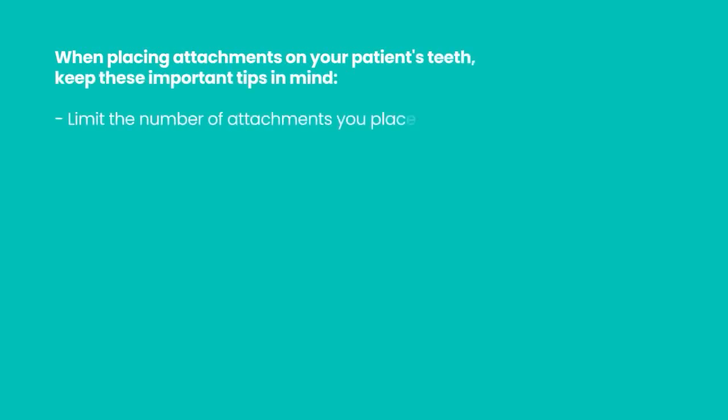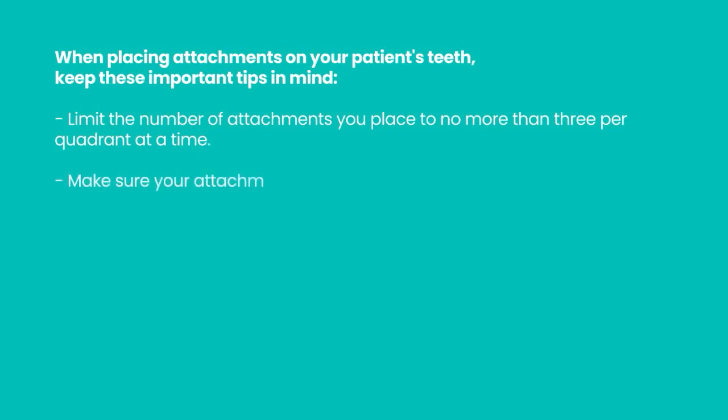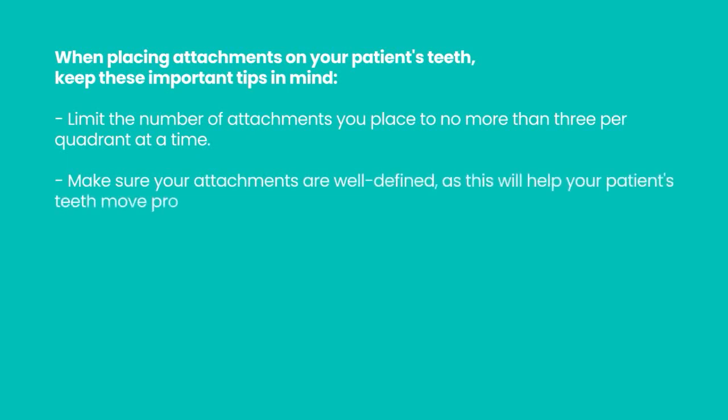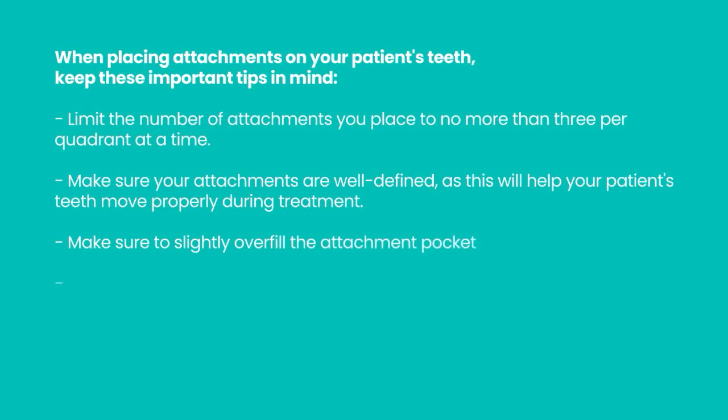Firstly, limit the number of attachments you place to no more than 3 per quadrant at a time. This will ensure better moisture control and make it easier to remove the template. Secondly, make sure your attachments are well defined, as this will help your patient's teeth move properly during treatment. Thirdly, if your attachments come out deformed, it may be because you didn't put enough composite material in the template.